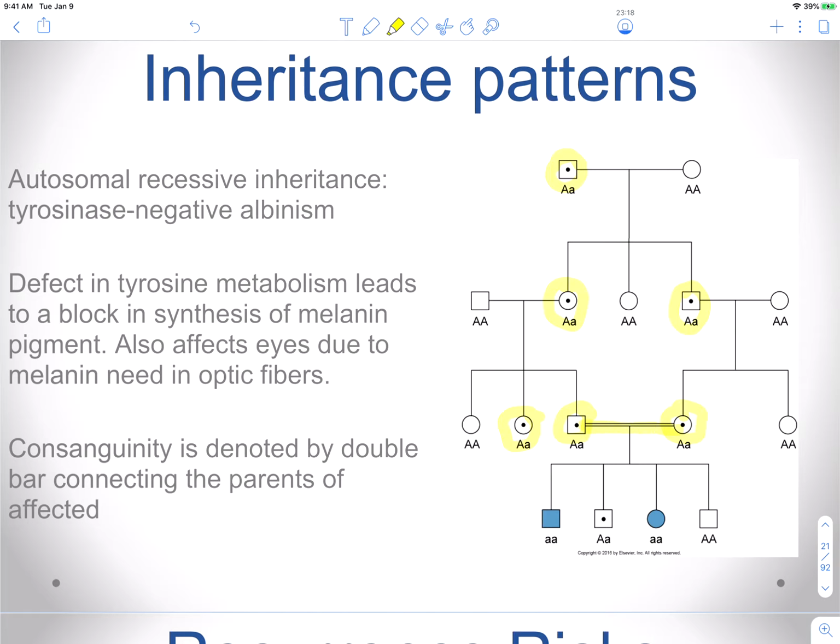This is consanguinity. It means close relatives had offspring. And because this trait was passing down through the family tree, even though they had no affected offspring up until this generation down here, because of consanguinity and close kinship interrelationships, they had two affected offspring.